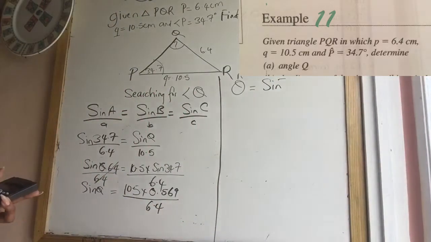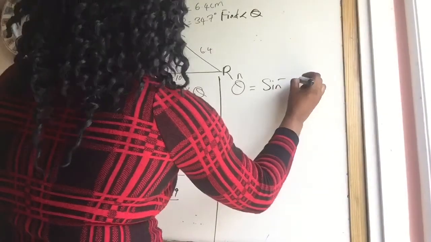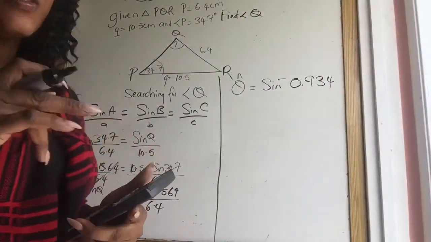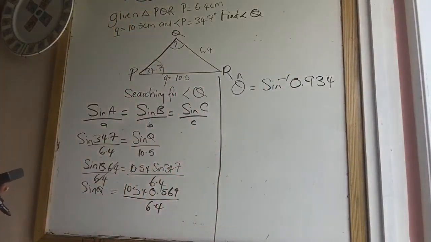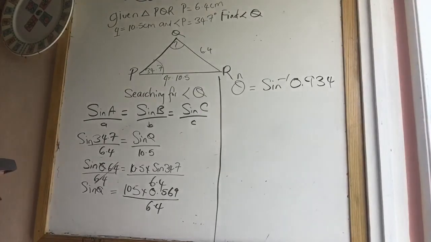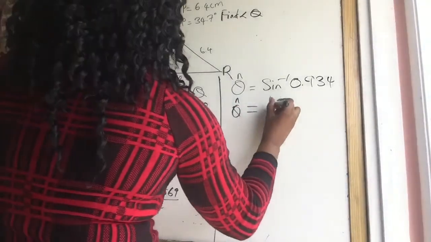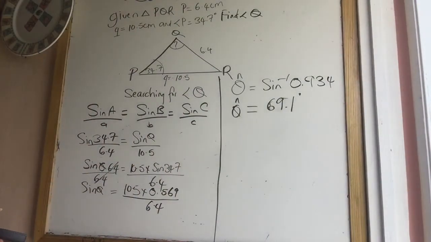So let's put this in: 10.5 times 0.569 divided by 6.4 equals 0.934. Now I'm going to find the sine inverse of 0.934. So that's shift, and that angle now is 69.1 degrees. And that's how we go about finding an angle.